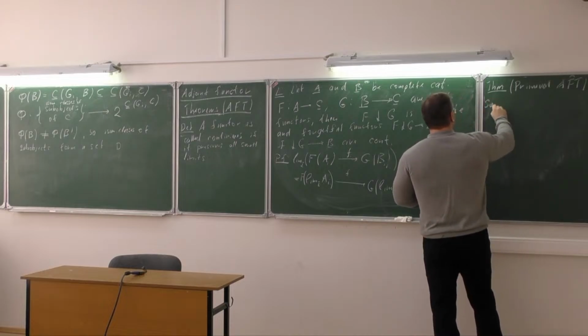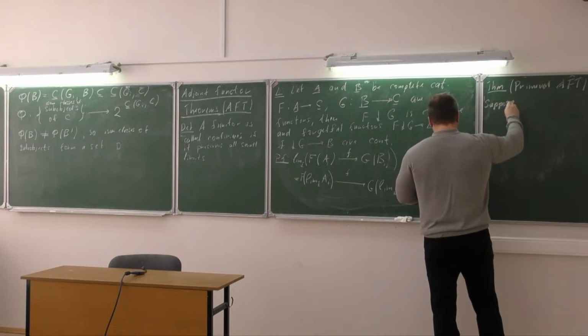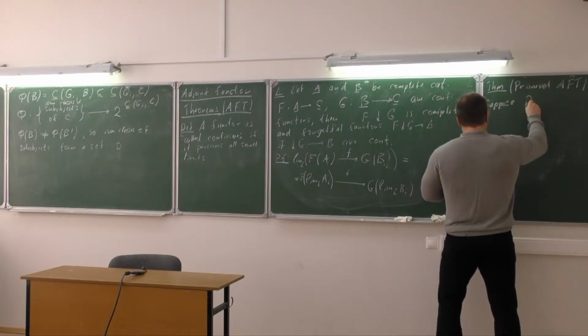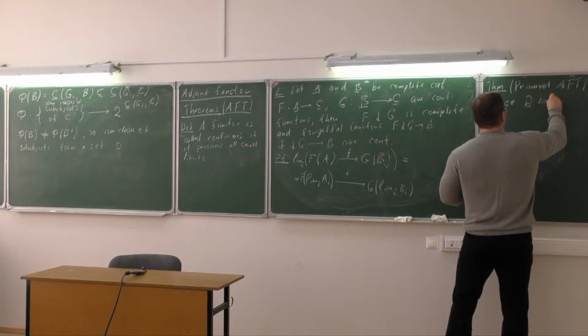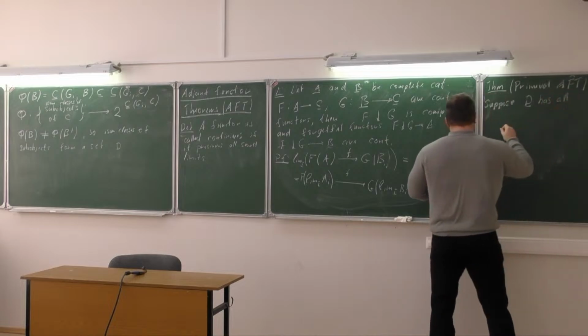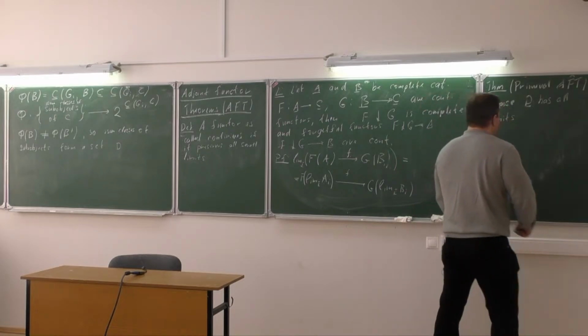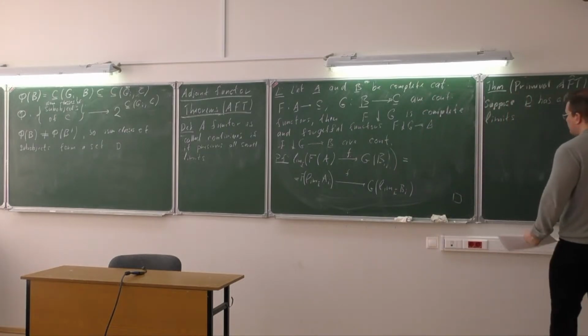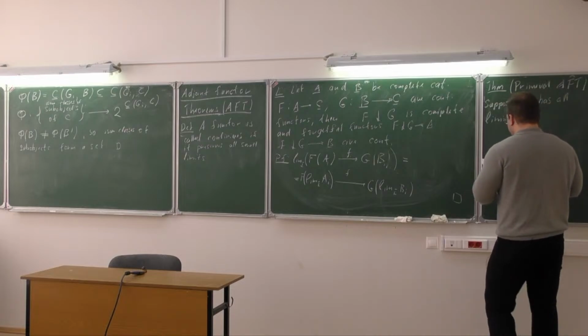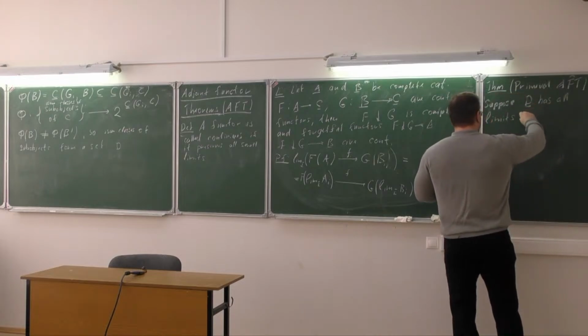So in this theorem, we suppose that D has all limits. And when I say all limits, that means not necessarily small, just all possible limits over classes, not necessarily even sets.